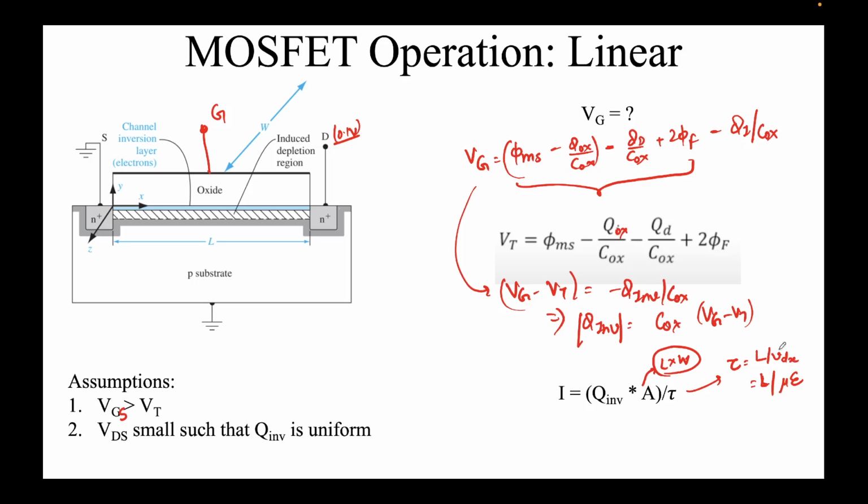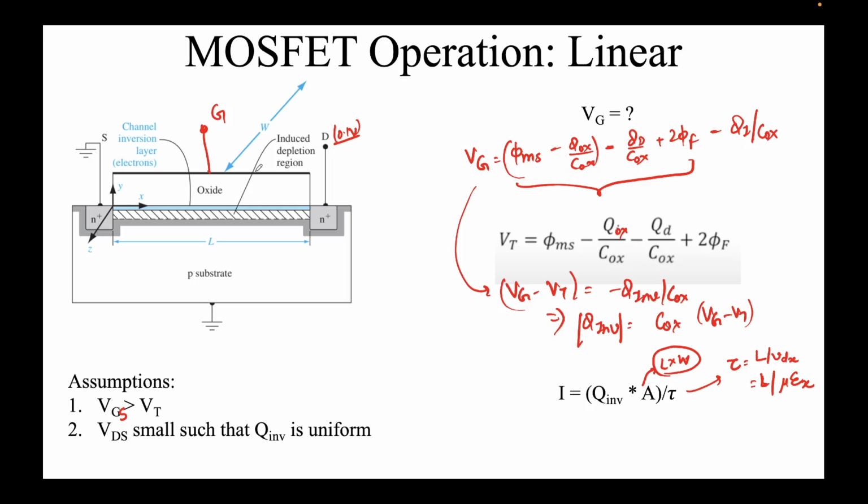And why can I write this as low field? Because remember, we are applying a very low potential over here. Or alternately, you can just assume this is a long channel MOSFET. This L is very large, so that we do not enter into that regime as of yet. So L by mu E. E is the electric field, again in the x direction.